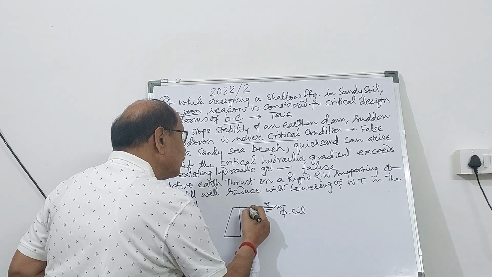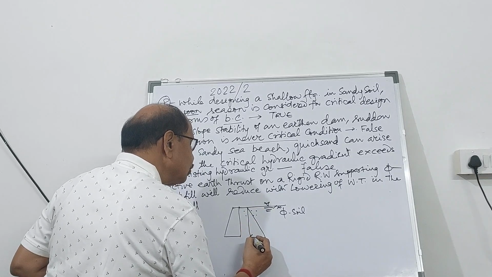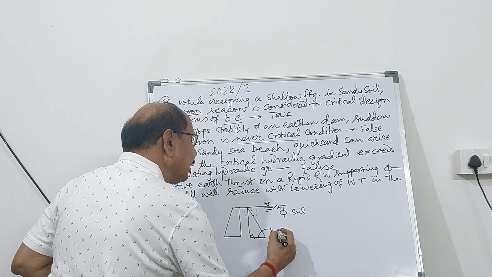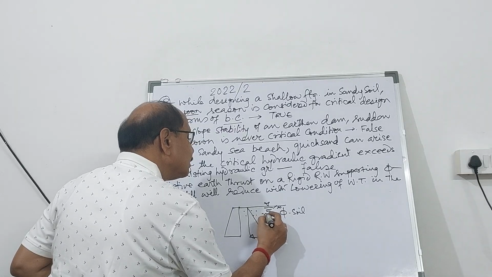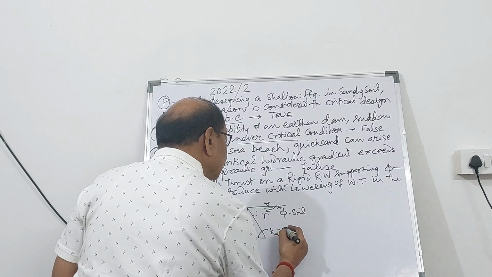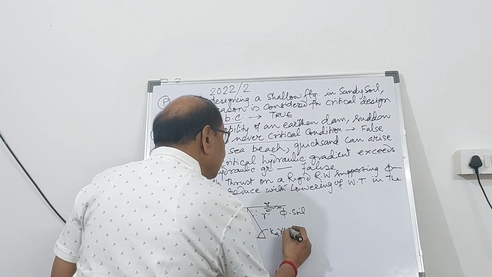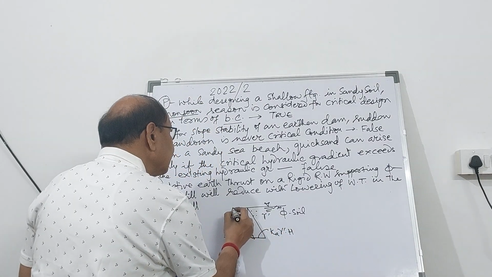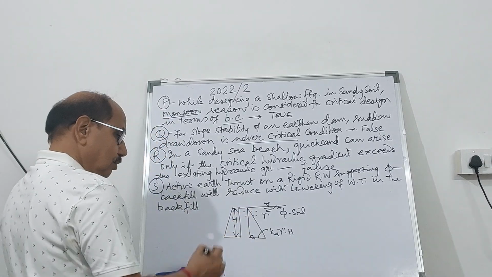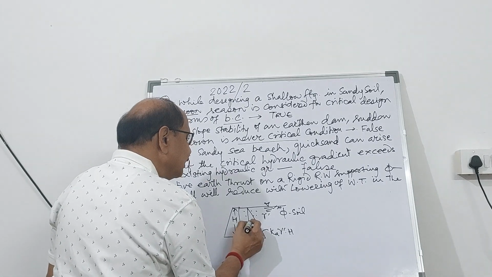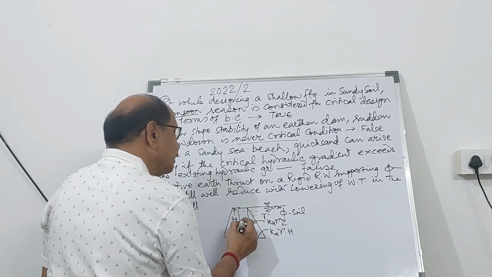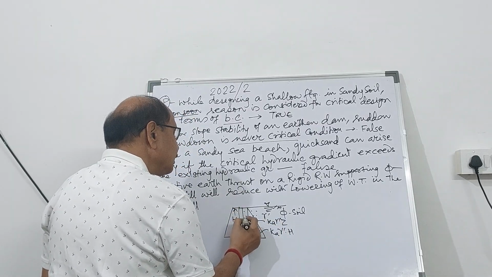The active earth pressure is going to be a triangular variation, and it is going to be K. Now, because it is underwater, so this is K into gamma prime into H, where H is the height of the wall. At any depth Z, this will be K gamma prime Z. So this is the height Z.